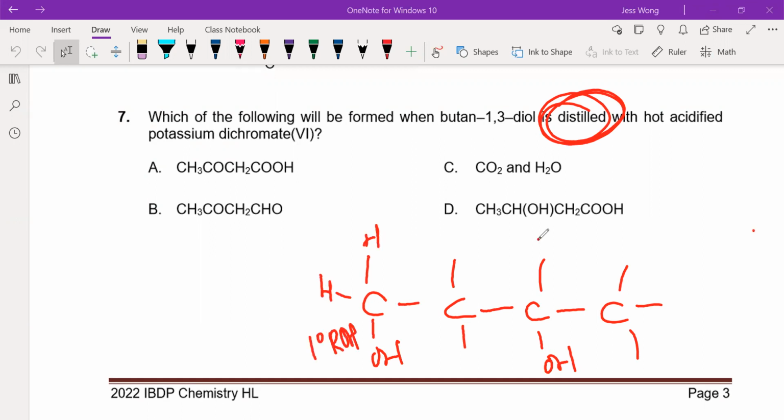And over here, this is a secondary alcohol. So a primary alcohol will give us an aldehyde when we distill, while a secondary alcohol will give us the ketone. So we will expect an answer to contain 1 ketone and 1 aldehyde. So it's B.